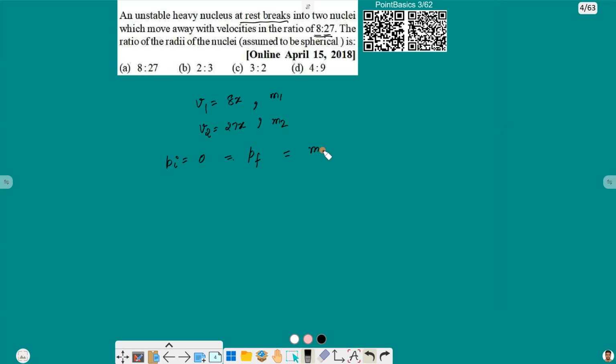So m1 v1 plus m2 v2 is equal to 0, and from this we can write that m1 v1 is equal to minus m2 v2, and from this m1 by m2 is equal to minus v2 by v1.